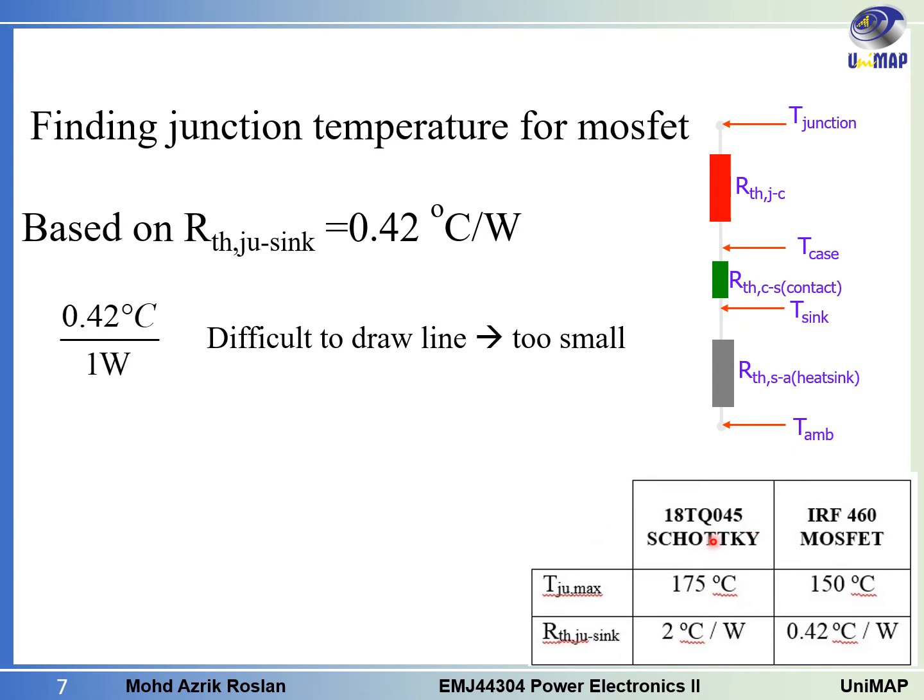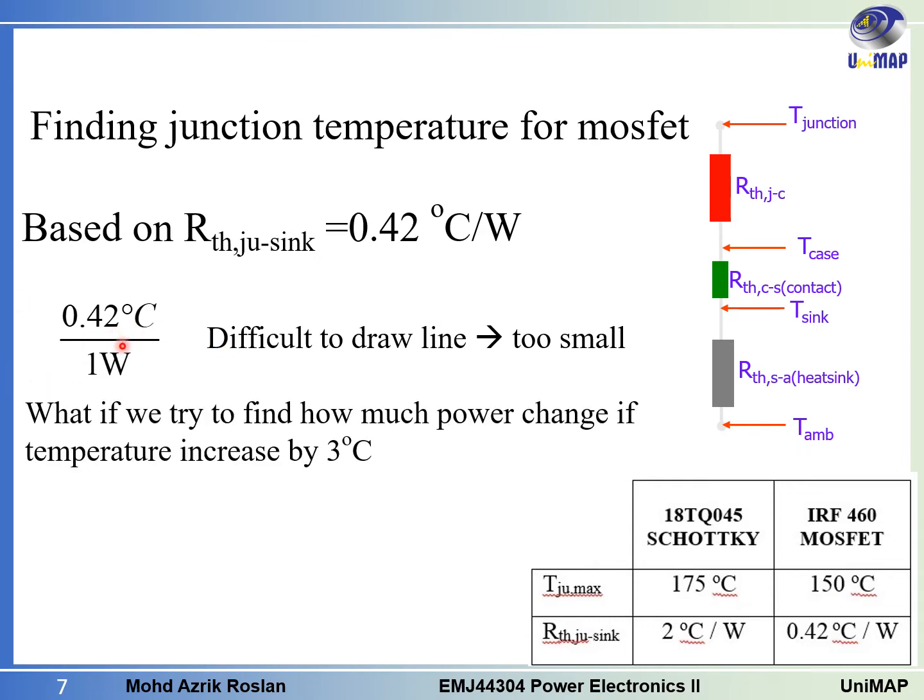But if you want to draw a 0.42 degrees C increment in the graph that we have, it is difficult because 0.42 is very small. So what if we try to find how much the power changes if we increase the temperature by 3 degrees C? 3 degrees C is possible to draw because it's not that small, right? Compared to this, 0.42 is very small.